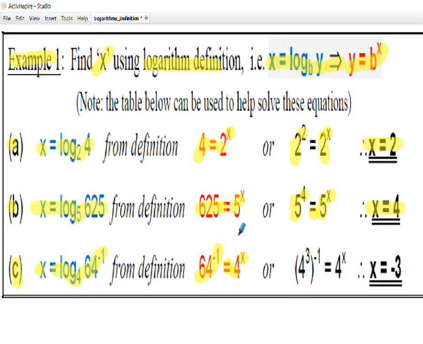Notice how I've written this, I've got inside a bracket 4 to the power of 3 is 64, and that is raised to the power of minus 1. And that's then equal to 4 to the x. Using my third law of indices, 3 times minus 1 is minus 3, and equating the indices, x is equal to minus 3. So we use the definition of a logarithm here to solve these little questions.